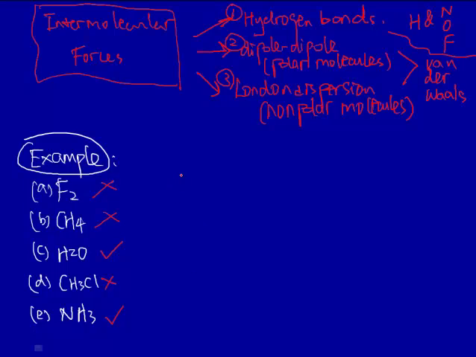Let's take a look at how water forms the hydrogen bond. A water molecule is like this, and another water molecule will be like that. Because this is highly polar, this gives you the ability to form the hydrogen bond, and you can draw it.